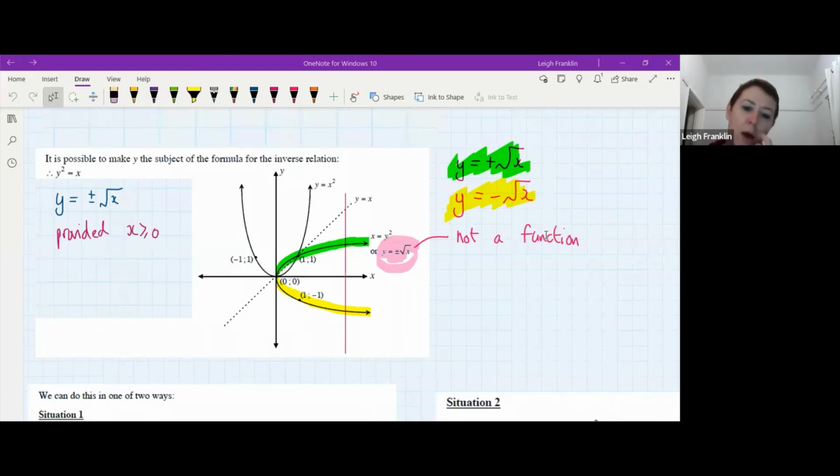Okay, so now what's important to note before we continue with this is that we have to restrict the domain on the original function for its inverse to be a function. In fact, I'm going to write that there for you as well.